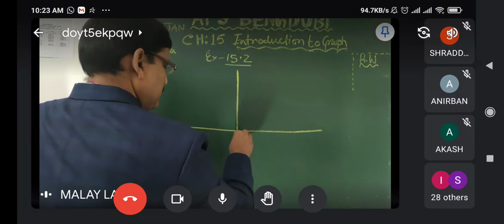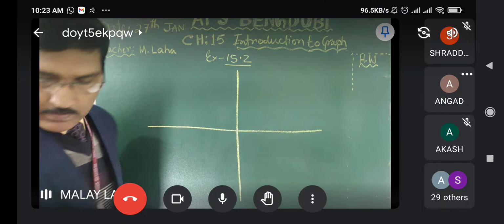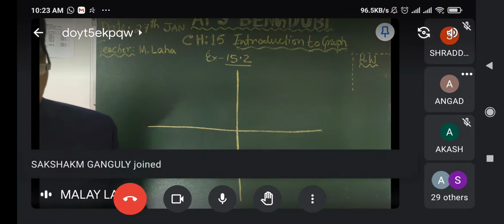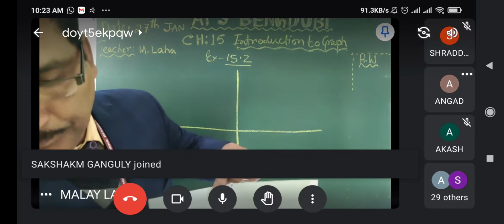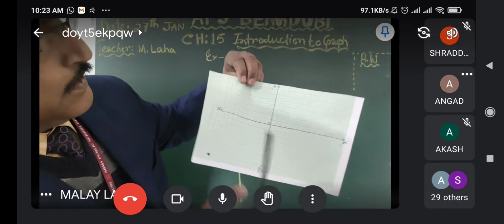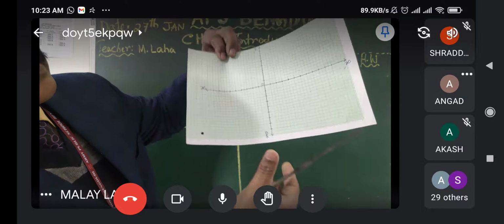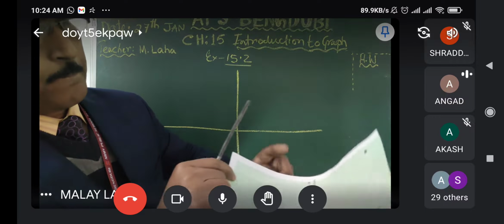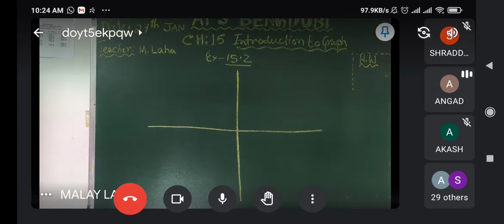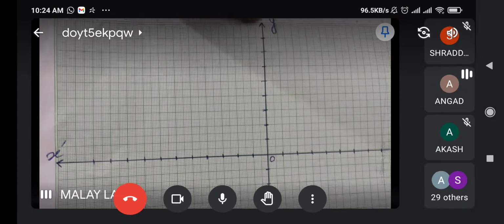Centimeter is the best one. At the middle of the graph paper, you will do it like this.